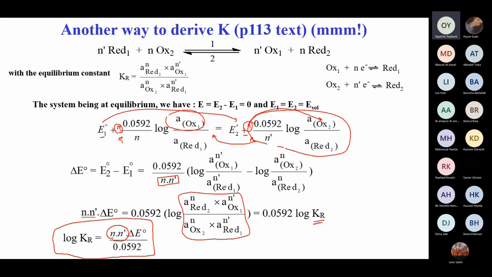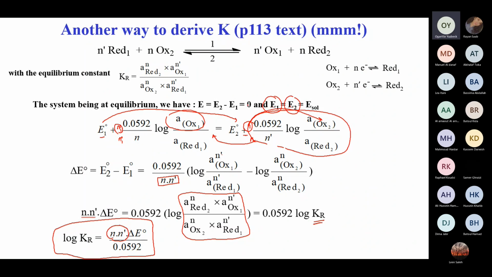Why did I discuss it, even though I don't like deriving K this way? Because a little bit later, when we look at titration, I need you to know that when we reach equilibrium, the two reduction potentials, on the oxidation half and on the reduction half, are the same. We call this the E of the solution.